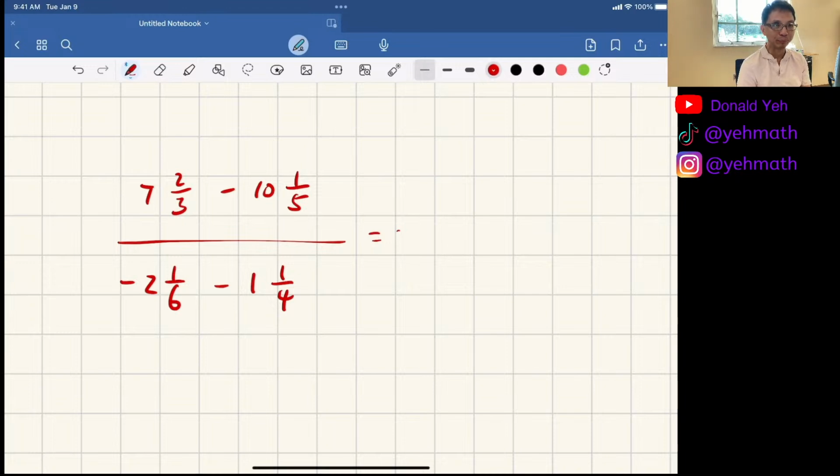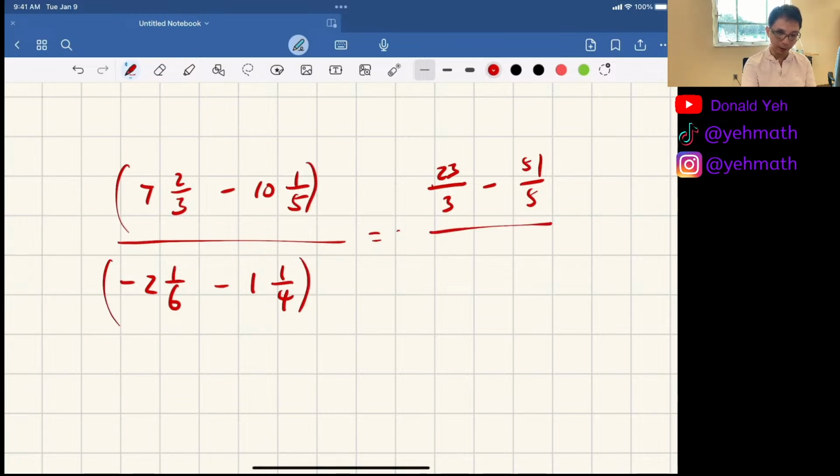That'd probably be nasty fractions, but okay. Start from the first one. 3, 21, 23, minus 5, 51, I believe. Because there's a parentheses, I'm going to take that operation first.